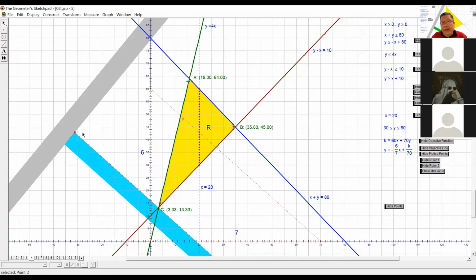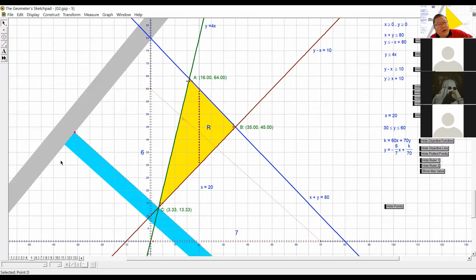This is not what I want. I want the maximum fees collected. That means I have to push this objective function furthest away from the origin. The point furthest away from the origin is the maximum point, and it will produce the maximum fees collected.